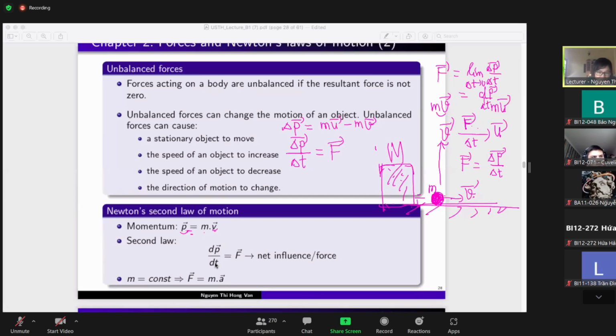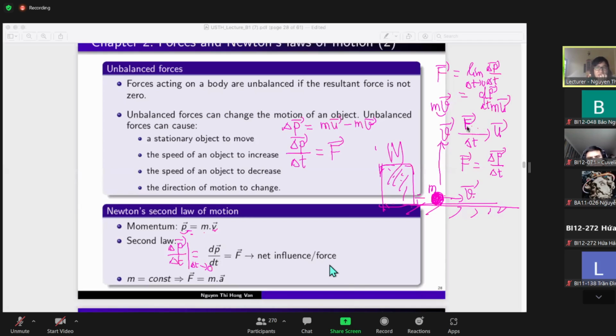So dP/dt means the change in momentum with respect to time when the time is very small, exactly the same way we do with the definition of the instantaneous acceleration. Okay? And you say that the force will be proportional to the change of the momentum with respect to time.